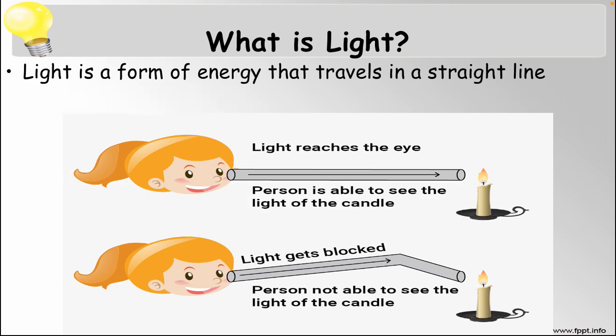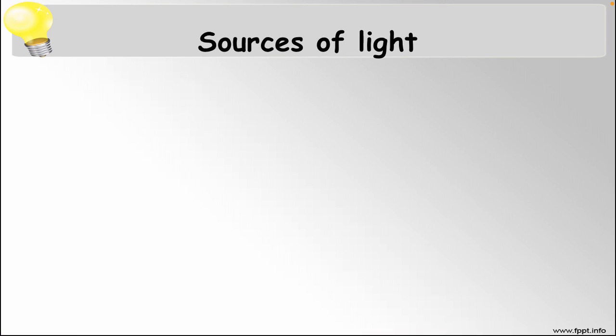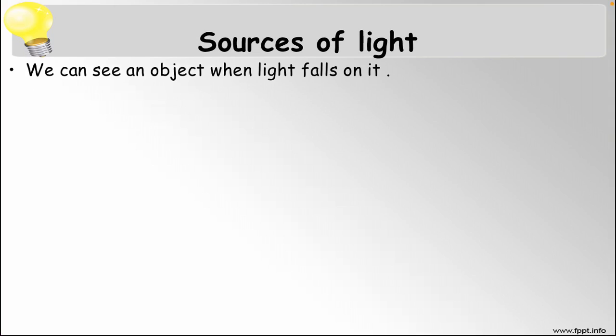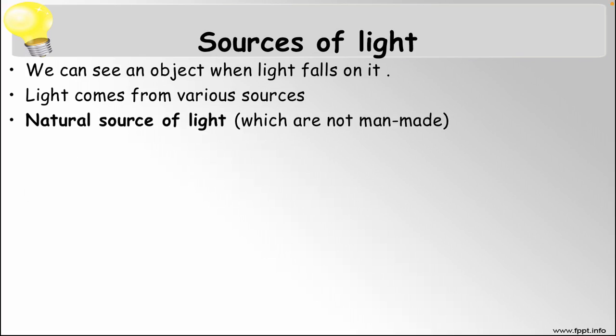What is light? Light is a form of energy that travels in a straight line. People and animals can see because there is light. Now you can see in this picture, on one side there is a candle, and on the other side there is a girl, and there is a pipe in between them.